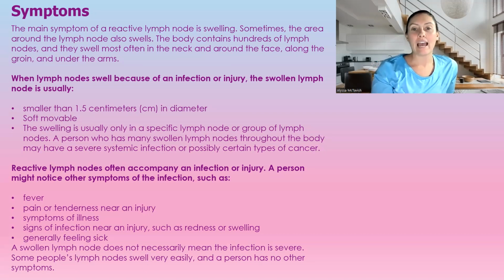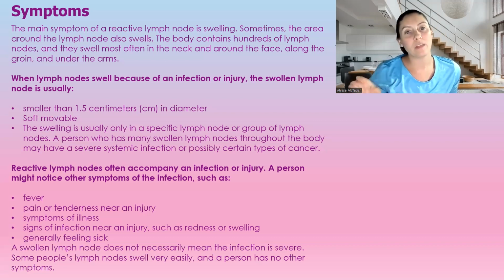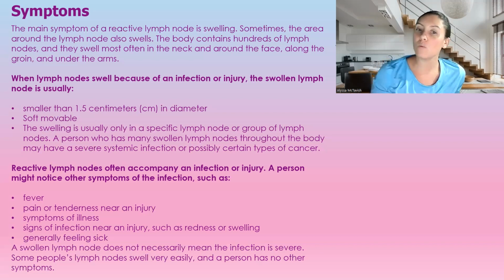Now, if we have swollen lymph nodes due to an infection or an injury, the lymph nodes closest to that site are normally what swell. What they'll normally see is a lymph node about the size of 1.5 centimeters in diameter, soft, movable.